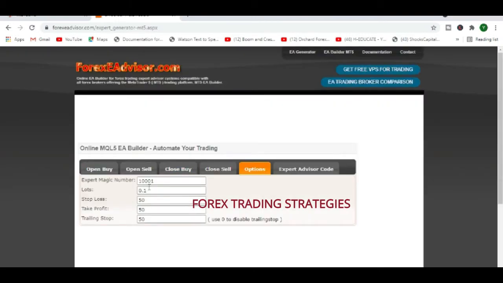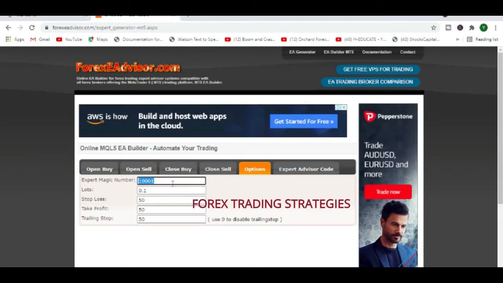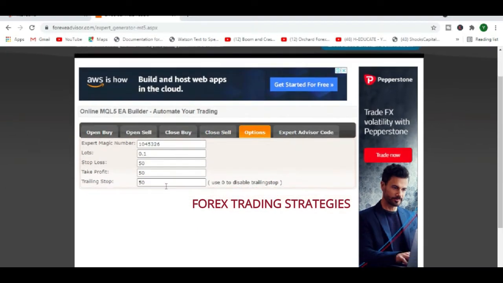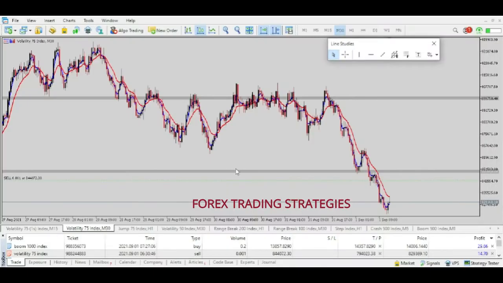Then options, you can keep the default, or you can give this robot your own unique magic number. The magic number helps the robot identify the trades that it opened. Let's say on this chart there are 100 trades.